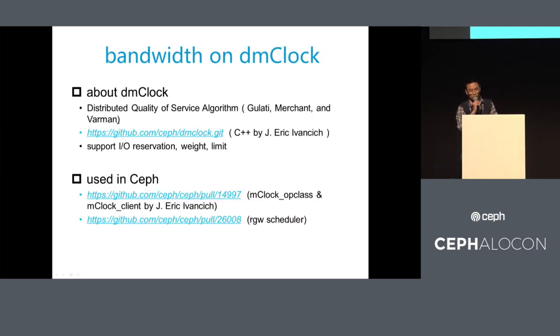First of all, let's talk about dmClock. dmClock is a distributed quality of service algorithm, authored by Gulati, Merchant, and Wellman. It has been implemented in C++ by Eric.